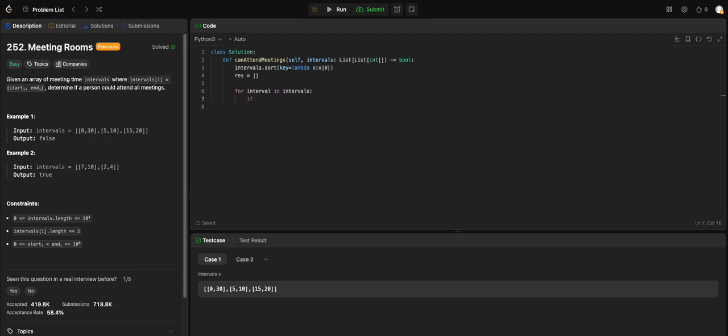if not rest, or the last element that we put into rest, the last element's second value, the end of the previous meeting, if it's less than or equal to the current meeting start time that we're looking at, then we can attend that meeting, right?